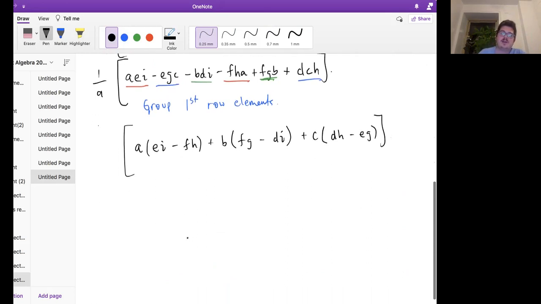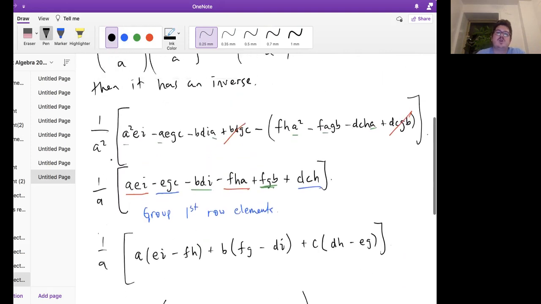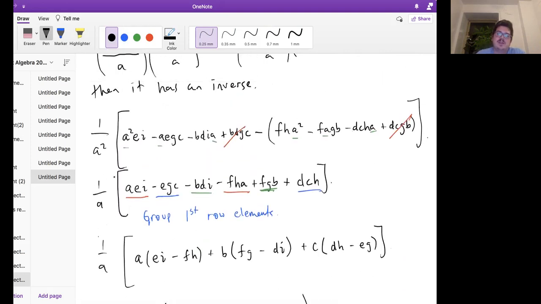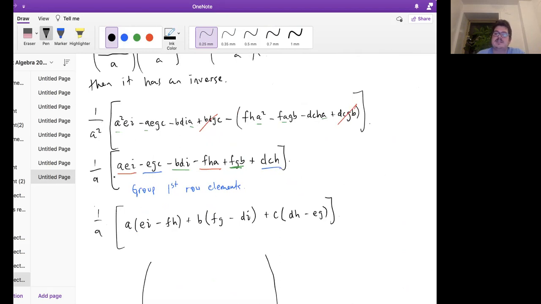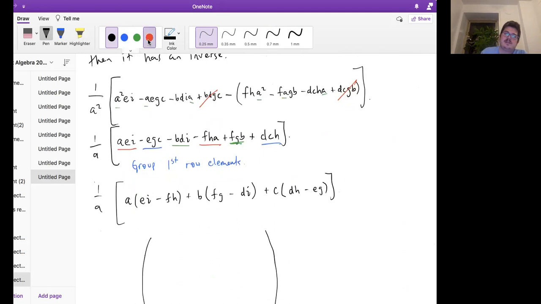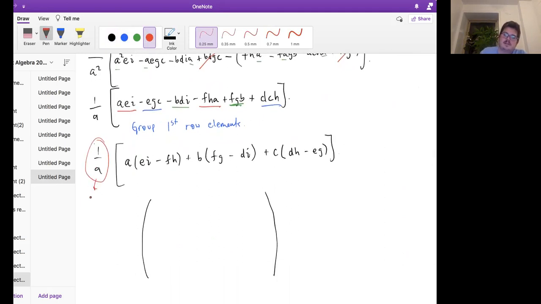All I'm doing is grouping the things in the first row. Okay. Now let's look at the original matrix and let's see the 1 over A. Now, if we're thinking about determinant, this 1 over A doesn't really matter, right? That won't affect it being not 0. Would you agree with that? This does not affect the term being 0 or not.